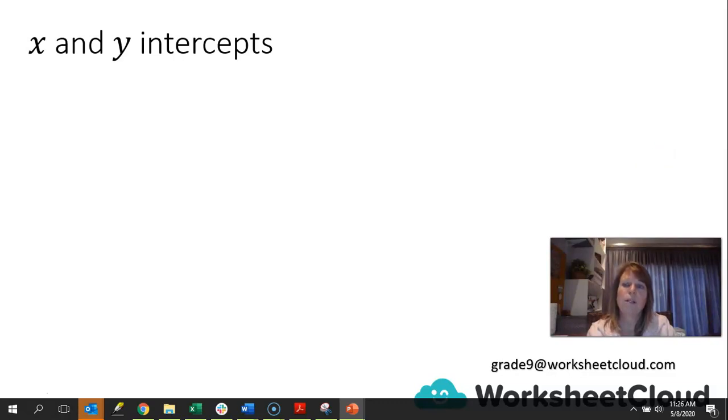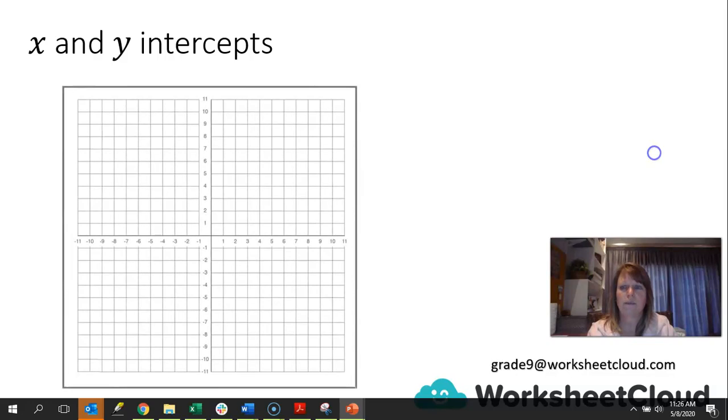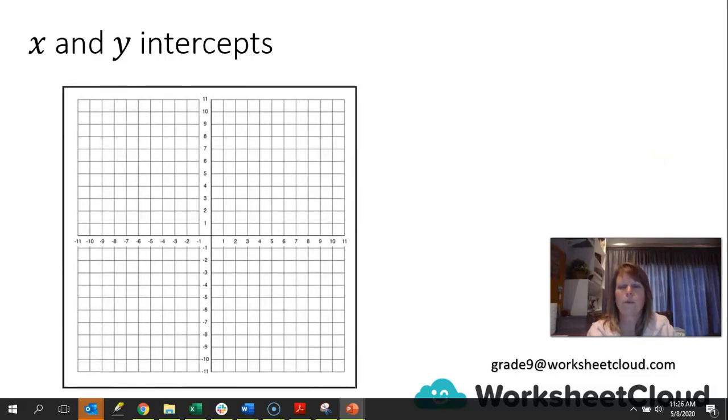Now we're going to look at what x and y intercepts are. The reason we need to look at this is so we actually understand it going forward into the lesson. Okay, so here we've got the Cartesian plane. There we have a line graph, and we're going to see where it intercepts the x-axis and where it intercepts the y-axis.